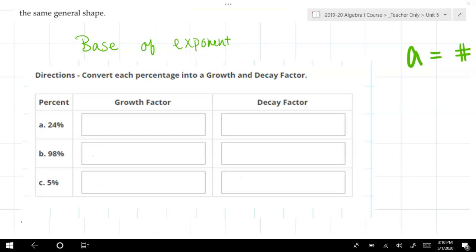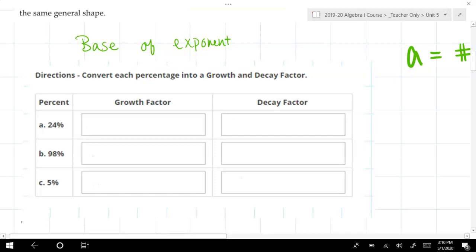Its growth factor, if it's going to grow by 24%, means that we're going to have 124%, because we're going to have 100% of what it was and then 24% more.